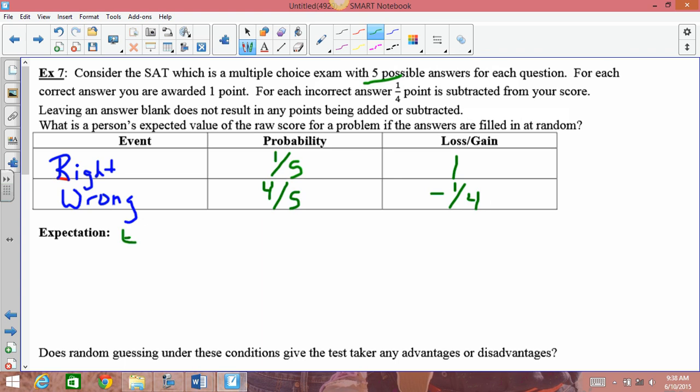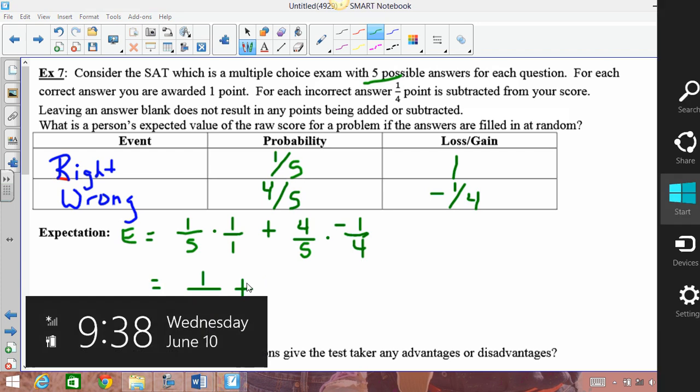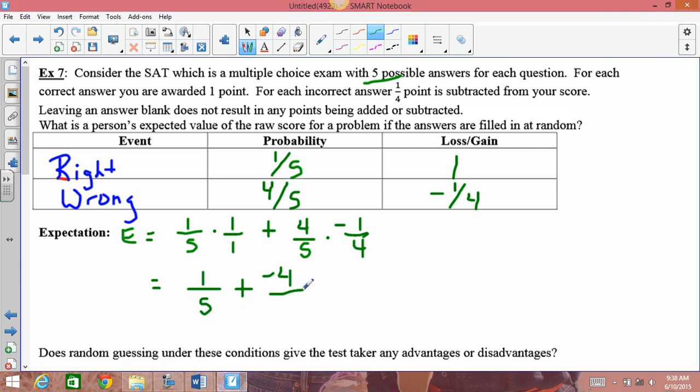Expectation, nothing different than what we were doing previously. Probability of the event times its associated gain or loss, plus probability of the next event times its gain or loss. Multiply straight across. I have 1 times 1 over 5 times 1, plus 4 times -1 over 4 times 5. And then 4 over 20 could be reduced to 1/5.